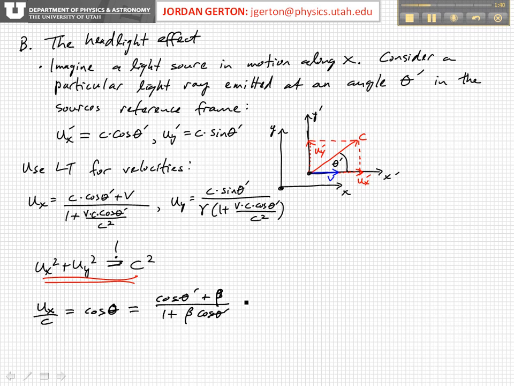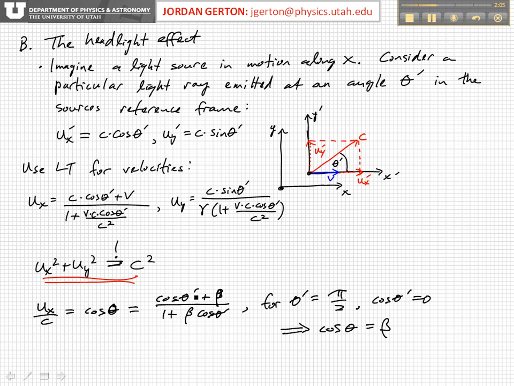Okay, so for theta prime equal to pi over 2, that is, for a ray which in the source's frame is emitted transverse to the direction of motion, cosine theta prime is equal to 0, and cosine theta is equal to beta.